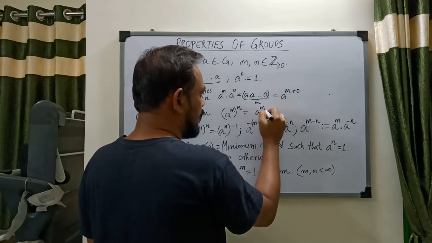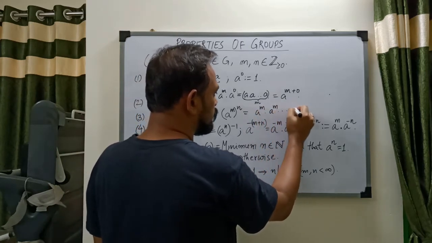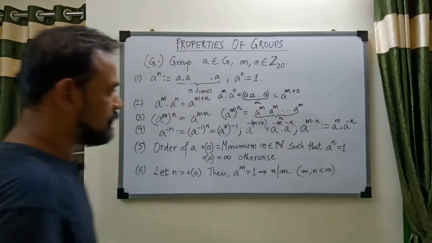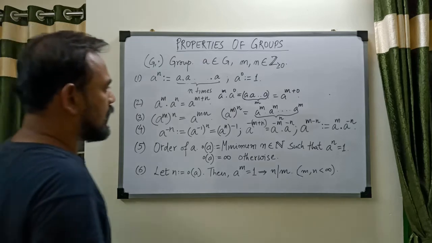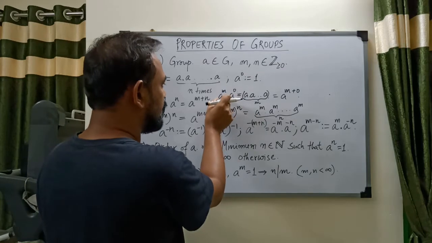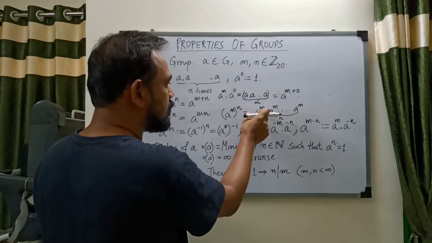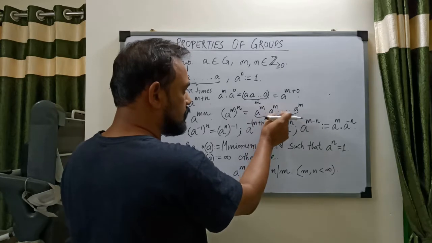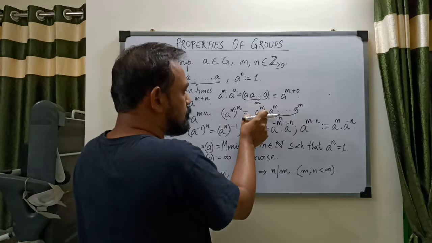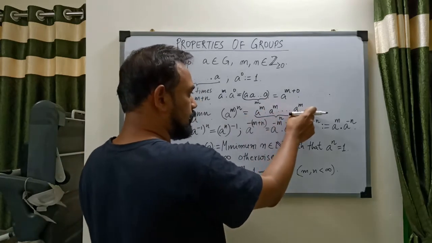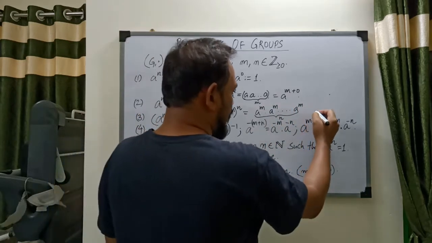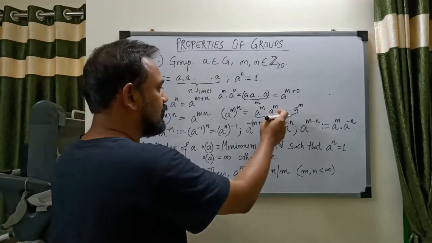So you have a^m, this goes on n times, but each of them has m a's in there. So if you just write them out, you would get m a's from here, m a's from here, going on up to n of them. So all of them put together, you would have m multiplied by n a's.